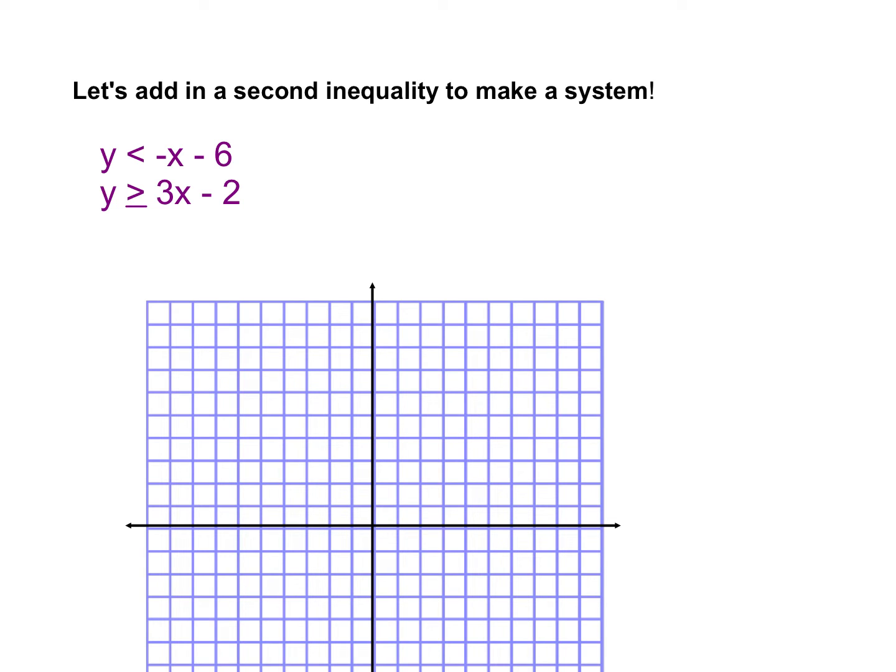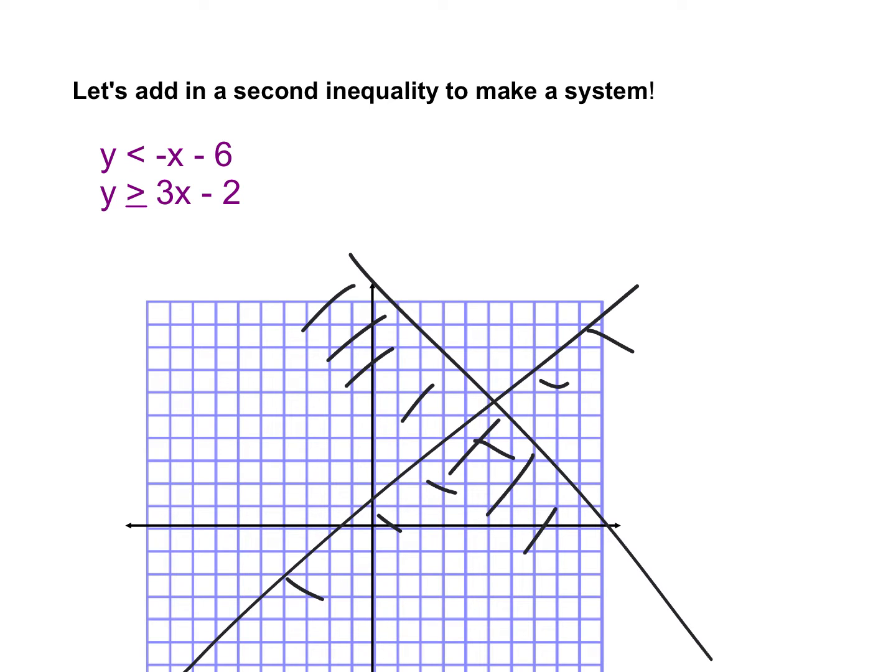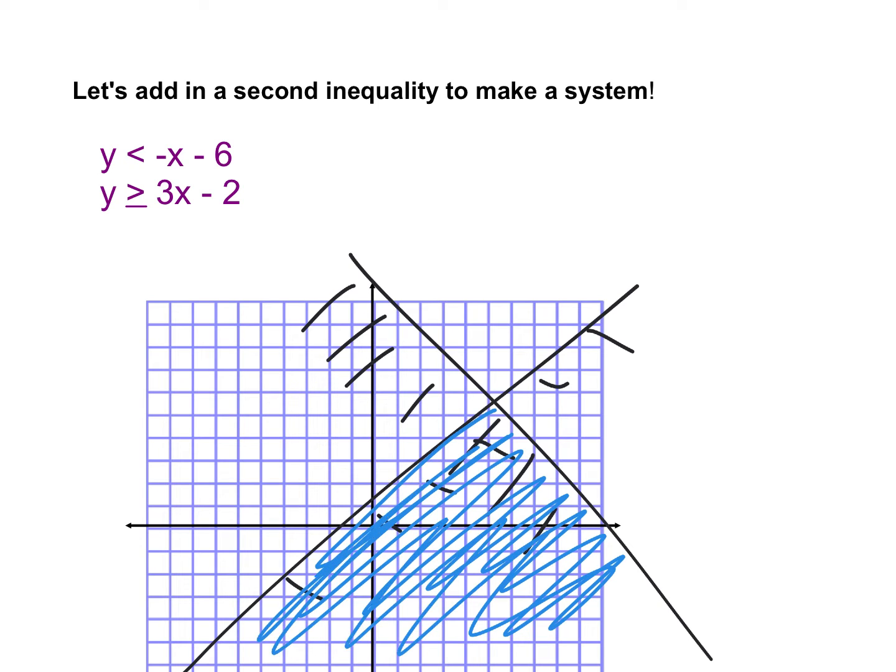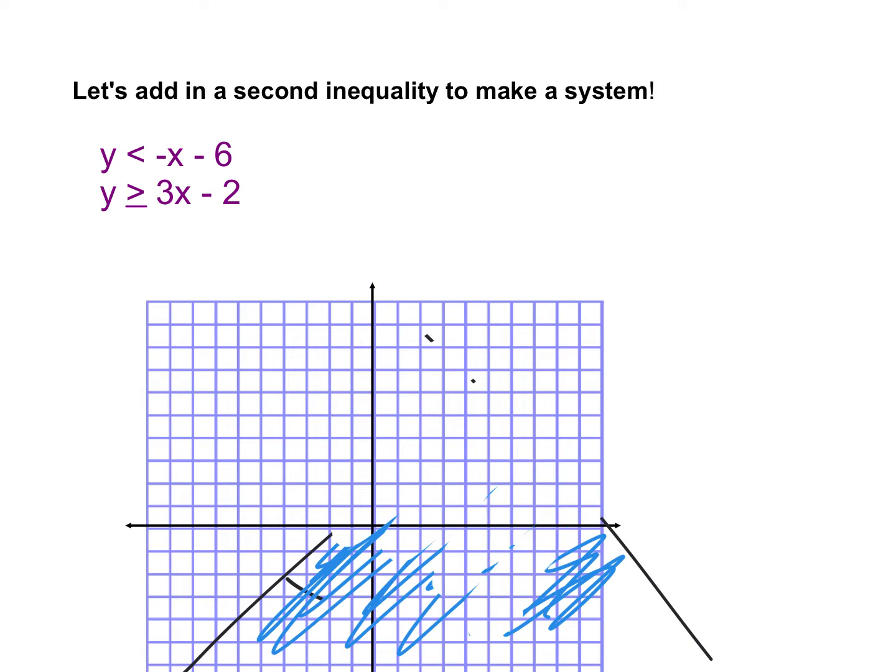If you shade one of them, and let's say one of them looks like this, and the other one looks like this, you have to be smart enough to go, oh, they overlap here, so the final answer is where they overlap. Okay, I want you to try this one. Hopefully you can figure out the y-intercept and the slope, and you can graph these puppies.